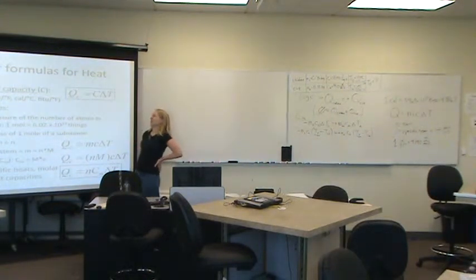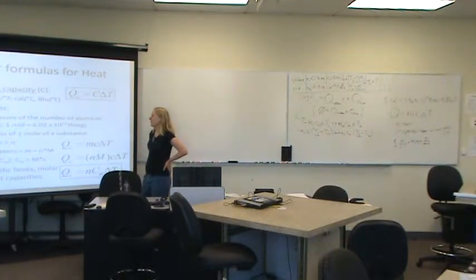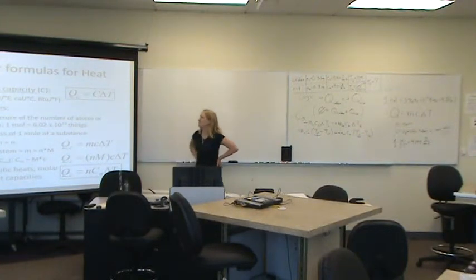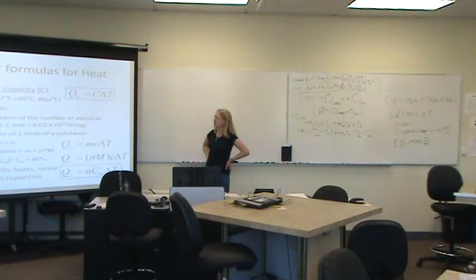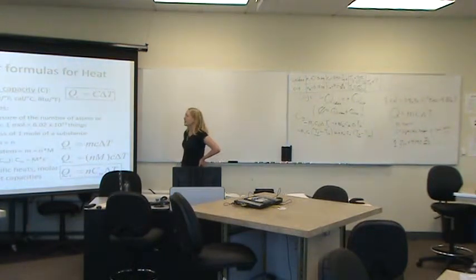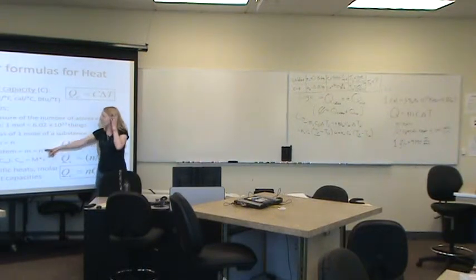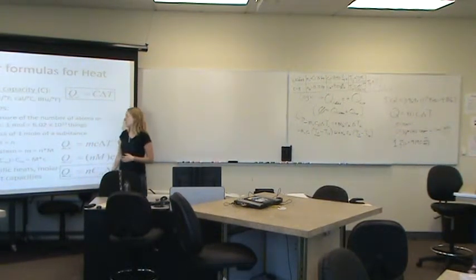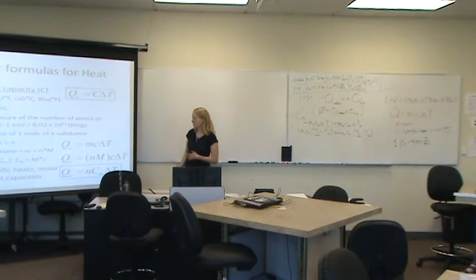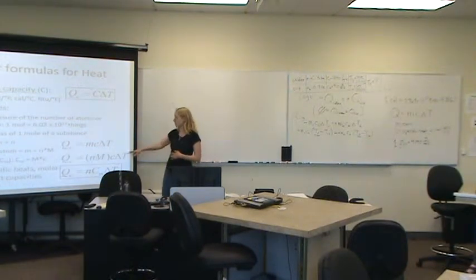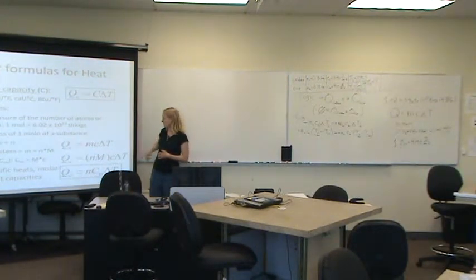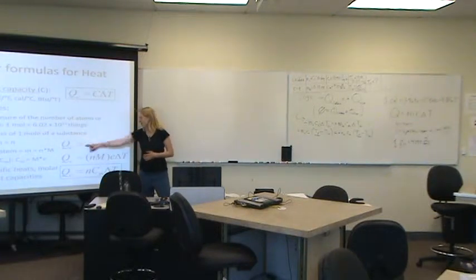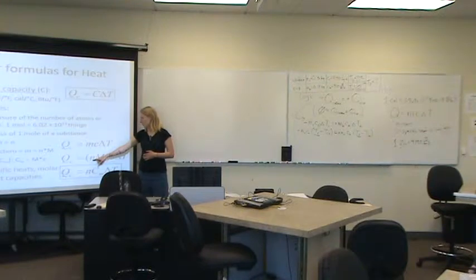Okay, molar mass, capital M, is the mass of 1 mole of a substance. And so the number of moles in a system is little n. I know, another little n. So the mass of that system would be little n times the molar mass. And then if you wanted to throw that into our MC delta T equation, the mass of an object is the number of moles times the molar mass.